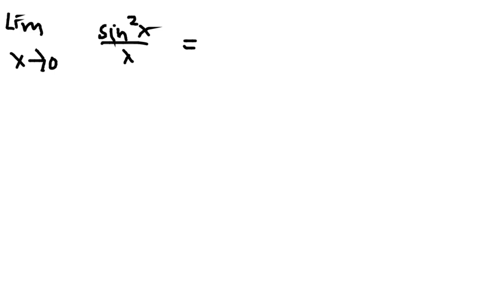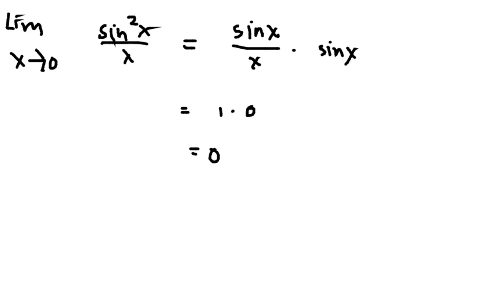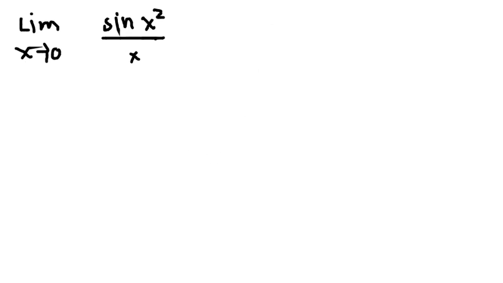Now let's try this one. This is going to be sine x times sine x, so what we have here is sine squared x. It is not sine of the inside function x squared. It is not that, so that's easy. And this is going to be different than earlier.